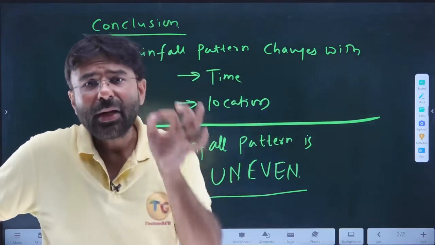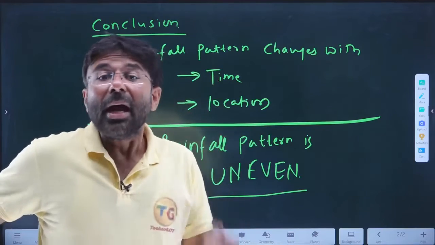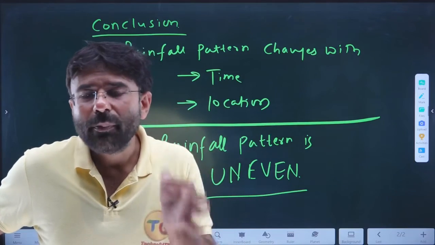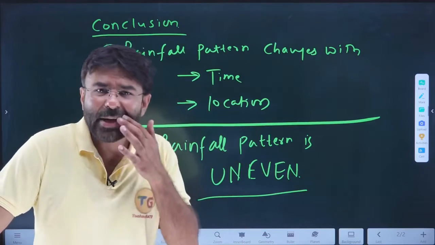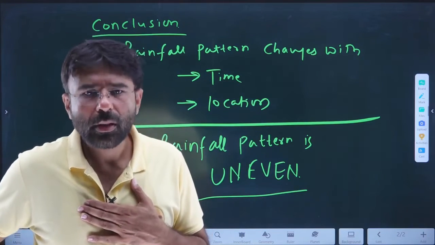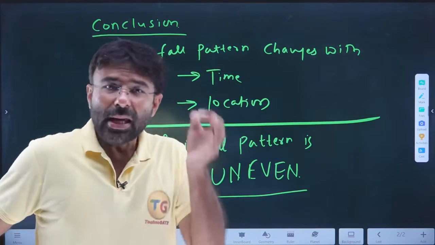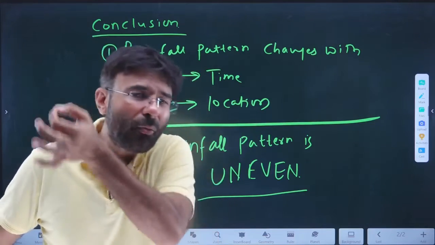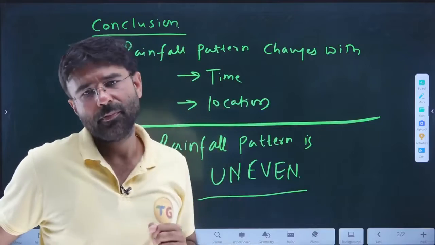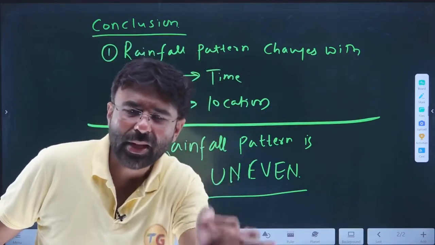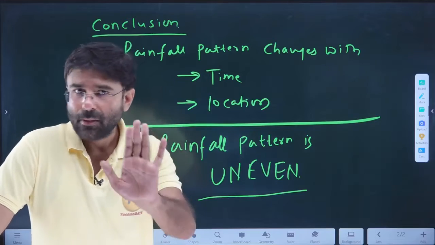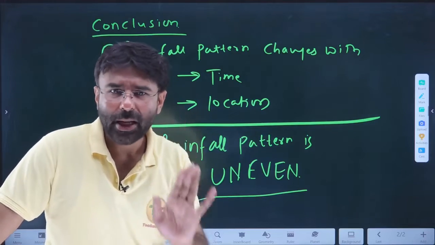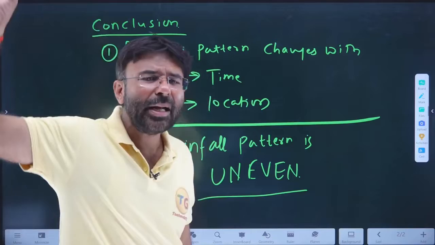That means if the rainfall pattern is different, I cannot rely completely over the rainfall. I need some water for my use. If the pattern of the rainfall over the entire country was same, if every day at a fixed time I get a rainfall in my city, for example, it is not practically true, but assume an ideal situation.